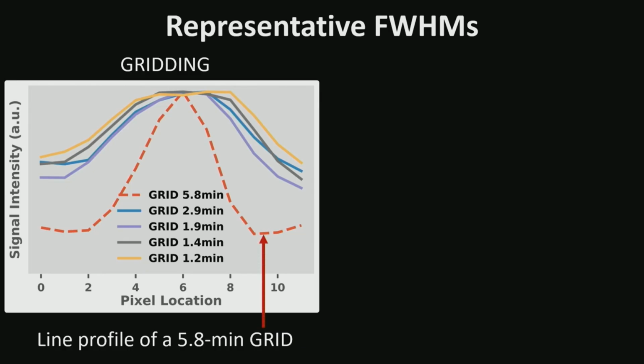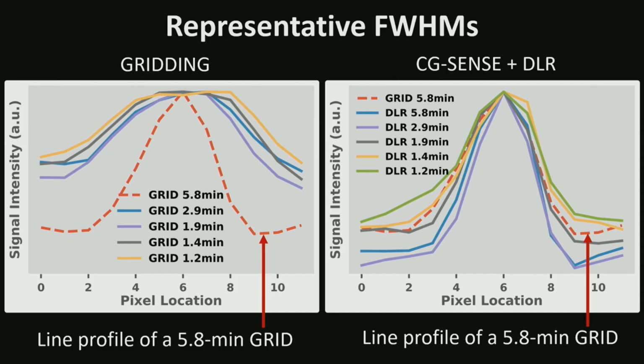Here are examples of the line profile of the gridding reconstruction. Compared to the 5.8 minutes scan time, we see that the line profile gets broadened, meaning loss in resolution and sharpness. On the right is CG-SENSE and deep learning compared with the 5.8 minute reference. With this reconstruction, the line profile is relatively maintained.